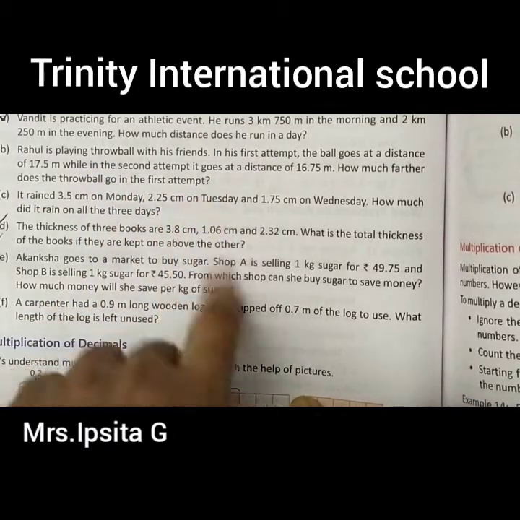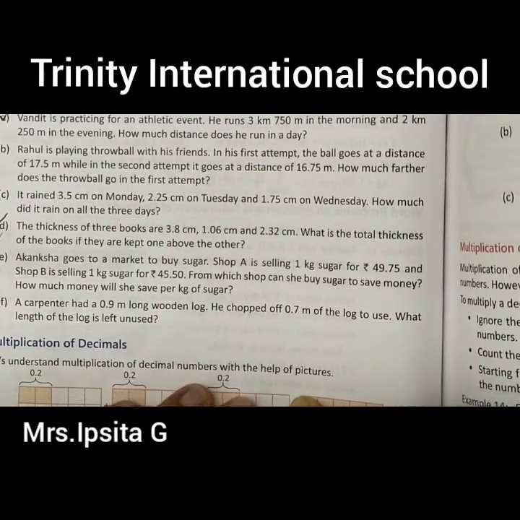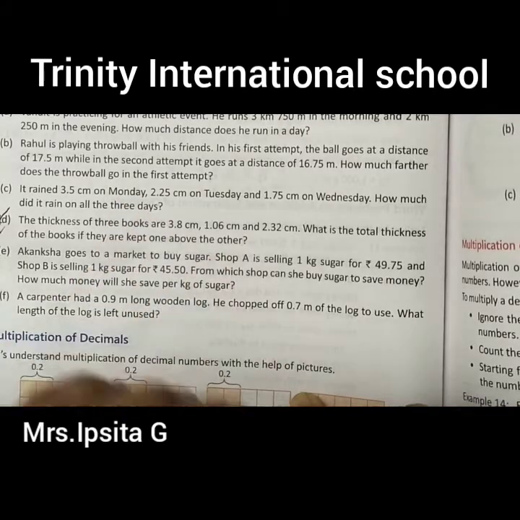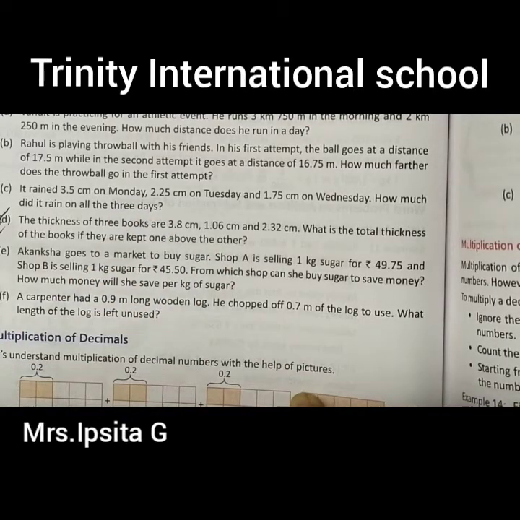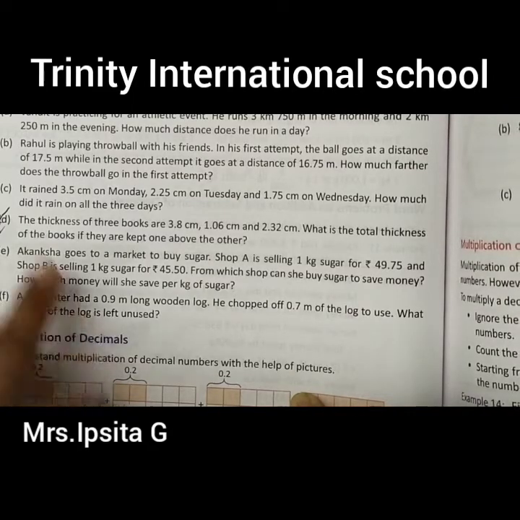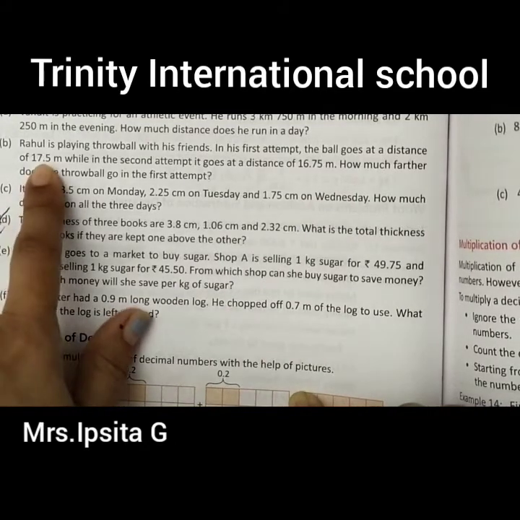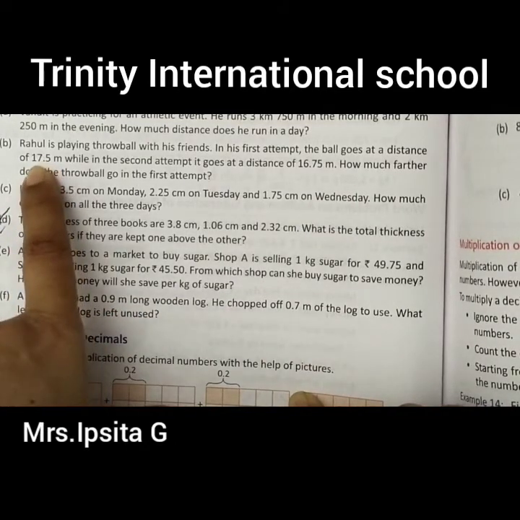while in the second attempt, when he got again the second chance to throw the ball, that time he threw the ball and the ball went at a distance of 6.75 मीटर. तो उसने जब सेकेंड अटेम्प्ट में बॉल को थ्रो किया उस समय उसके बॉल कितना दूर गया था? 6.75. तो फ्रॉम द फिगर, ये और ये फिगर से आपको पता चल रहा है कि फर्स्ट अटेम्प्ट जो उसने बॉल को थ्रो किया था उस समय उसने जो बॉल ने डिस्टेंस कवर किया था वो ज़्यादा था, है ना.